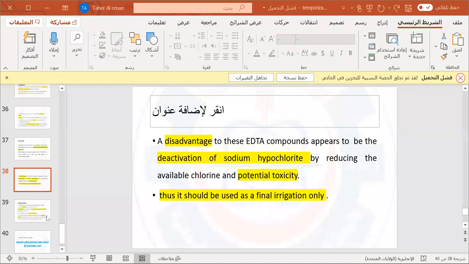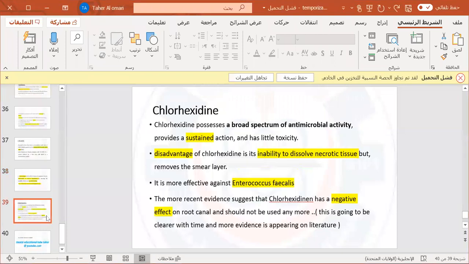Now, one extra thing is the chlorhexidine. Chlorhexidine is a good material, can be used as a broad spectrum antibacterial agent. It has a sustained release, by the way, and little toxicity. However, the disadvantage of this material is that it will react with the sodium hypochlorite and with the EDTA and form a precipitate.